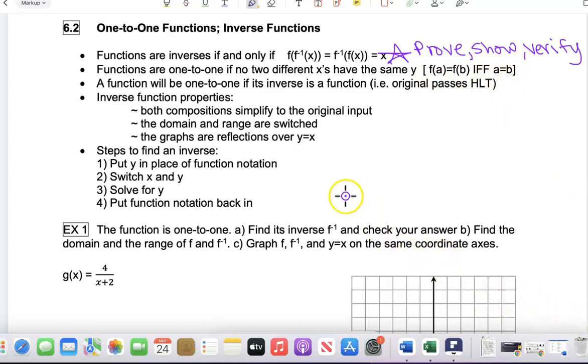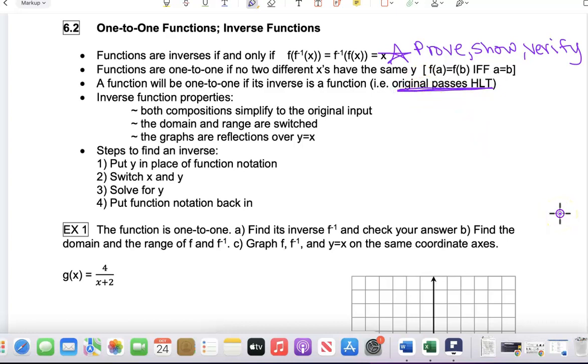We can tell if a function is one-to-one if its inverse is a function. The easiest way to tell, if you don't have the graph of the inverse, is that the original is going to pass what we call the horizontal line test.